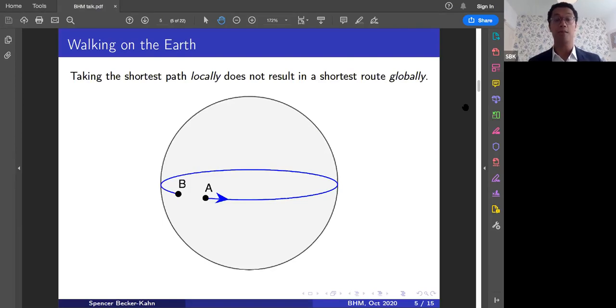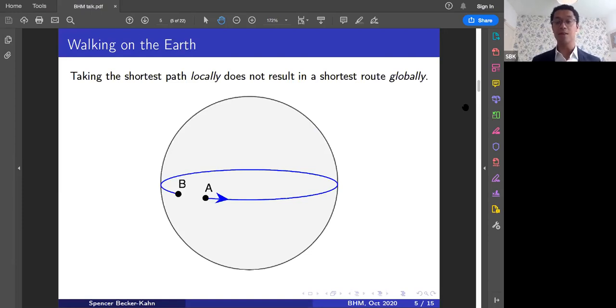The shortest path would be to turn around and just go a few meters backwards. Okay. But at any given time, I was taking the shortest path between where I was and where I was going, a few meters away in front of me. So here's a nice summary sentence. Taking the shortest path locally does not result in the shortest route globally.